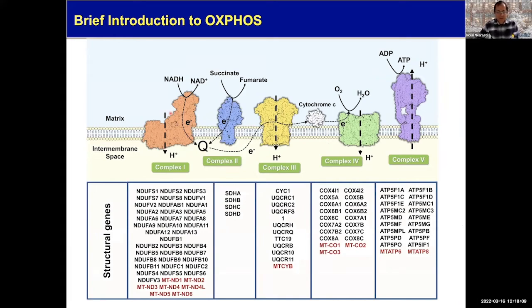Essentially, what it does is convert NADH to ATP at the end of the cycle, transferring electrons from complex 1 to 2 to 3 to 4 to 5. Each one of these complexes is made from different genes, and as you can see, complex 1 is quite sophisticated. It is made of quite a few genes.